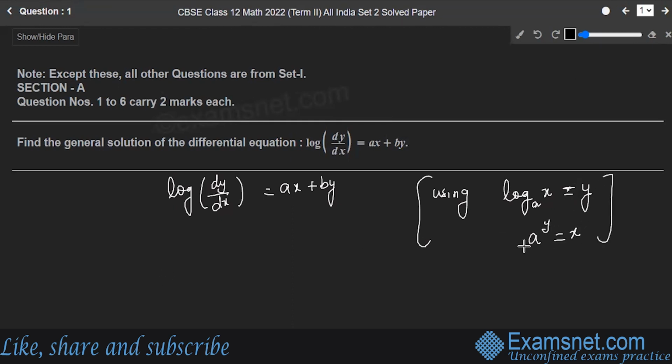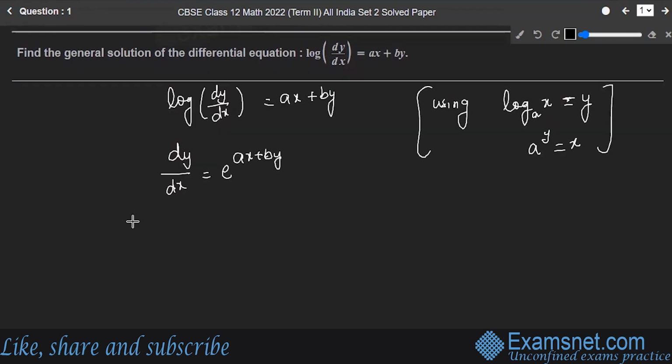So now this equation is dy by dx is equal to e raised to power ax plus by, right? Correct. So by separating the variables, you have dy by dx is equal to e raised to power ax into e raised to power by.